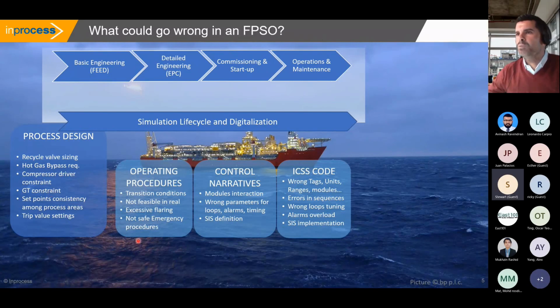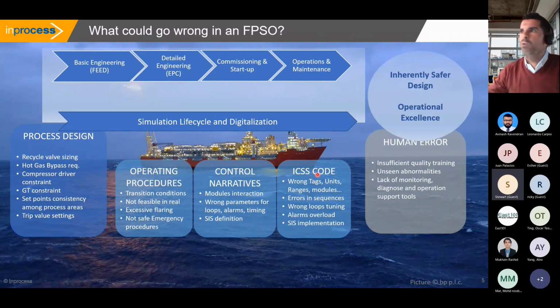The other kind of upsets that we may find along the project execution are related to operation procedures, control narrative, and ICSS codification, right? And the third block of issues that we may face are regarding human error. So one of the first things that we need to think about is how to address the different impacts that may have an issue in process design, an issue regarding operational procedures, control narrative, and ICSS codification, and what is the impact of human errors, right?